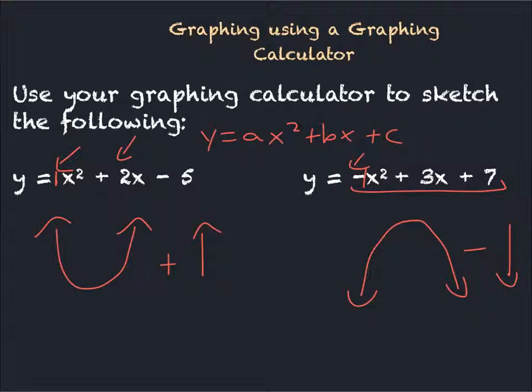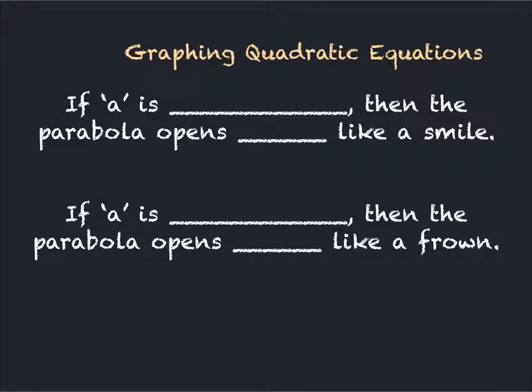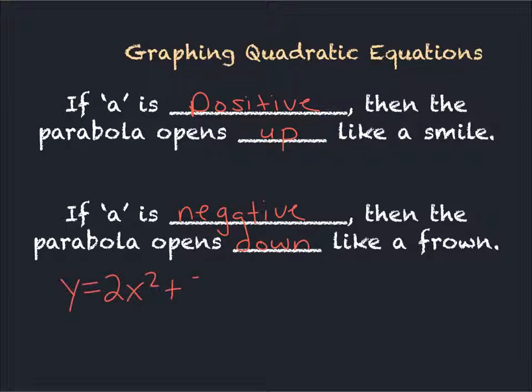and we're going to write that down in just a moment. So if A is positive, the parabola opens up like a smile. If A is negative, the parabola opens down like a frown. Okay, so y equals 2x squared plus 5x minus 3.